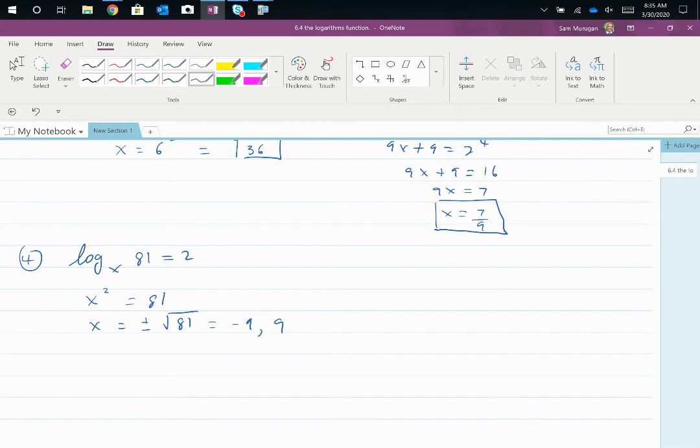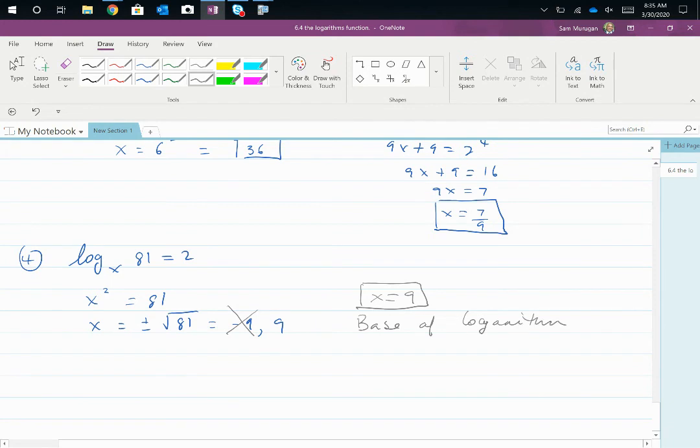So we eliminate this one. So x is only equal to positive 9. Base of logarithm must be positive.